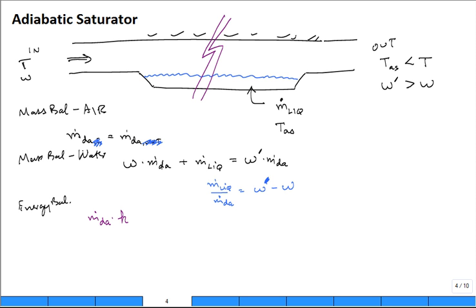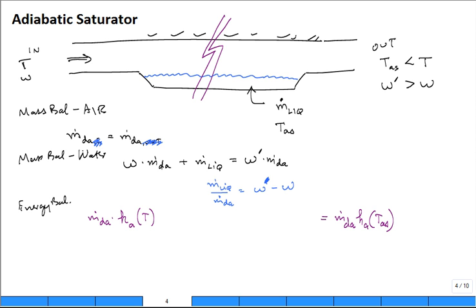The way they write that is they put a subscript A, and it's coming in at the inlet air temperature. I'm going to put an equal sign, and then I'm going to put all the outs on the other side. The mass flow rate of the dry air, enthalpy of the air going out at the adiabatic saturation temperature. That's an out. See those two?